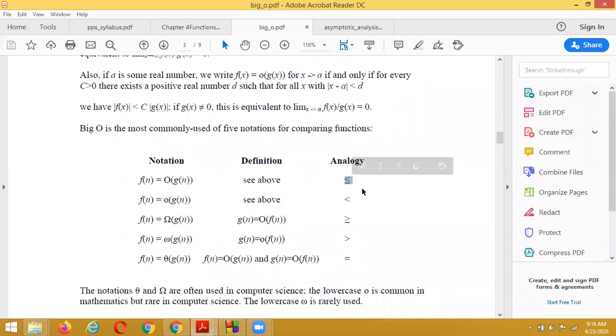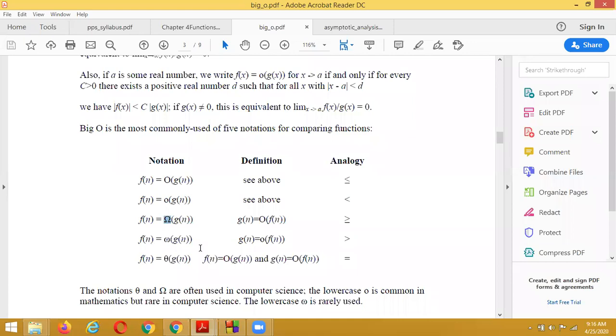If the time f of n is less than or equal to g of n, we represent it by big O. If f of n is less than g of n, we indicate small o. And if f of n is greater than or equal to g of n, we indicate omega notation.